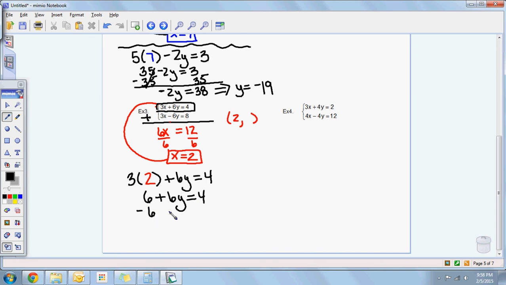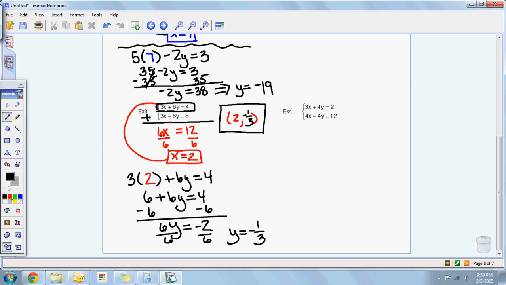We're going to subtract that 6. So we're left with 6y is equal to negative 2. Divide by 6. So y is equal to, we're going to get a fraction for this one, negative 1 over 3. Okay? And there's your final answer. So that's your y value. So now you've got your point of intersection. Go ahead and try example 4.